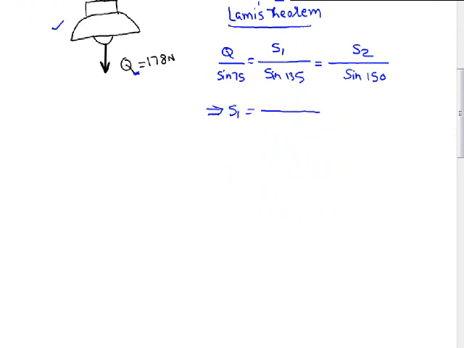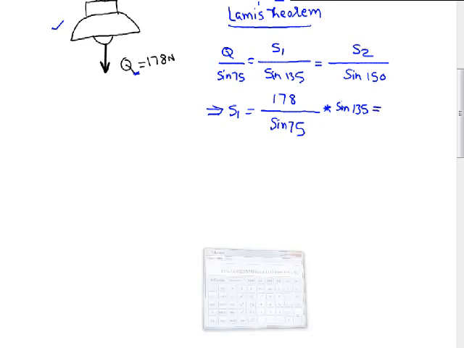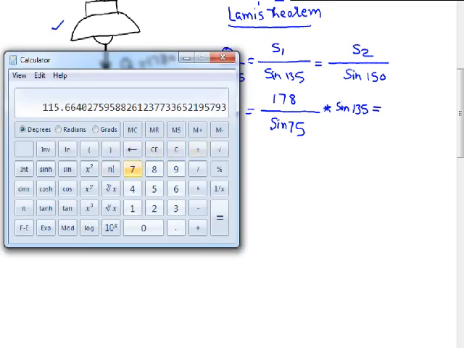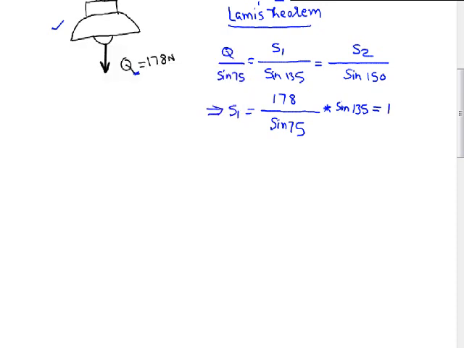S1 is Q, which is 178, divided by sine 75 multiplied by sine 135, which is equal to, let me quickly bring a calculator. 178 divided by sine 75 multiplied by sine 135 is equal to 130.30 newtons.